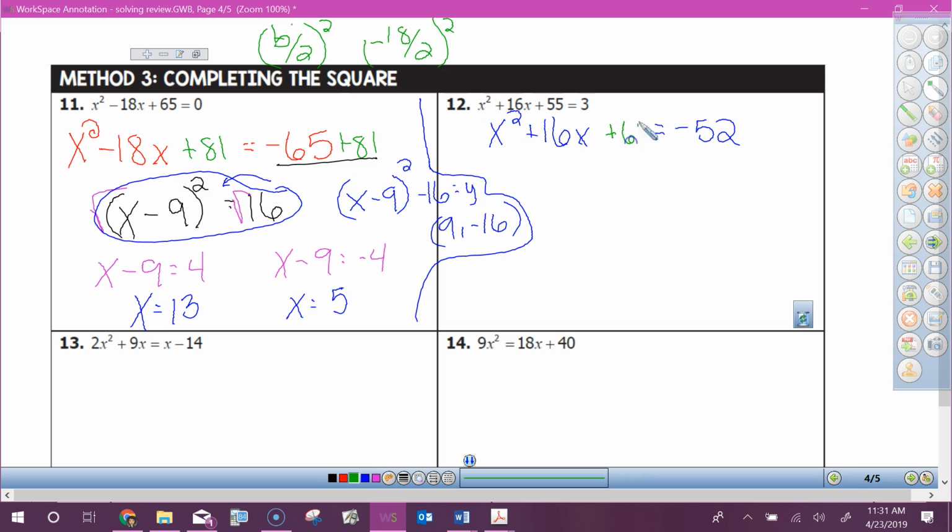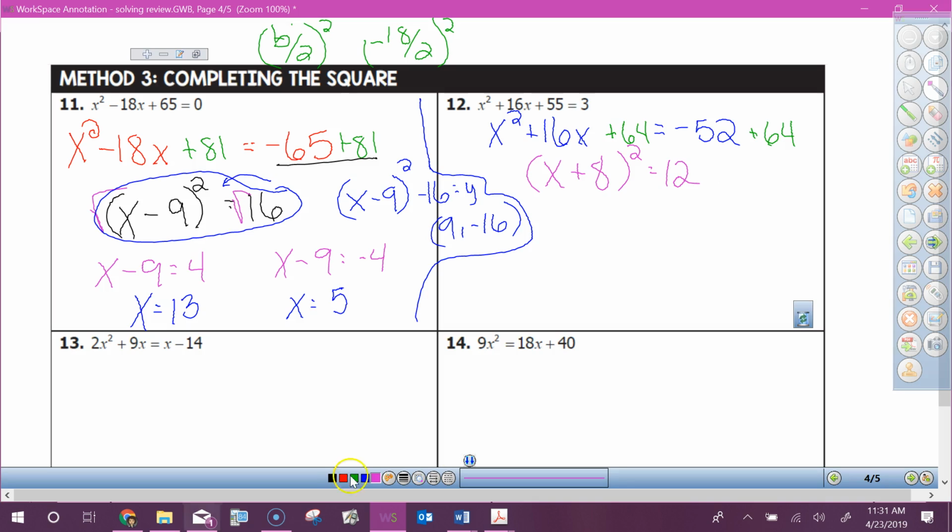So we add 64 to both sides. Then what? Factor it. So x plus 8 squared equals 12.